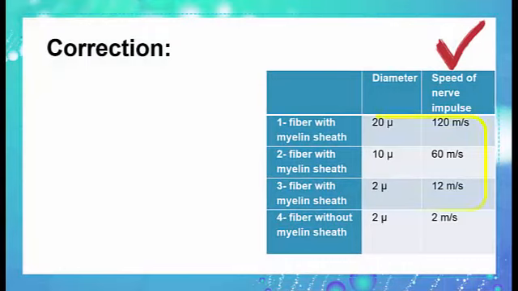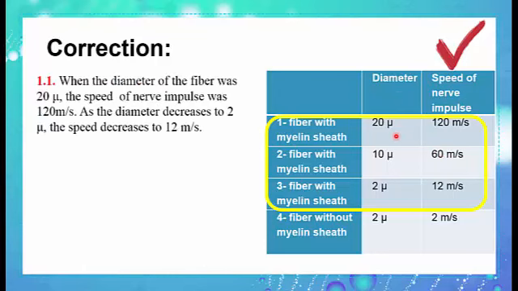First, they ask to analyze the results for the myelinated fiber, which are the first three experiments. When we analyze, we have to make a link between the diameter and the speed. When the diameter of the fiber was 20 micrometer, the speed of nerve impulses was 120 meter per second.